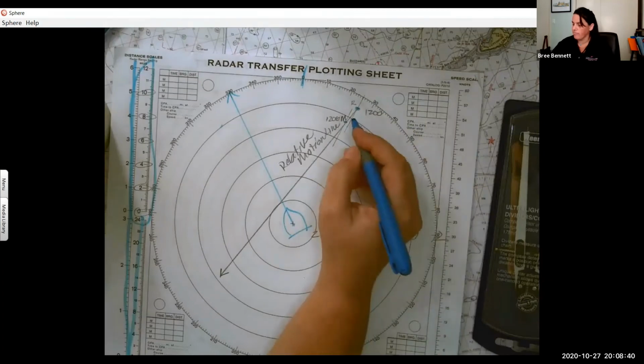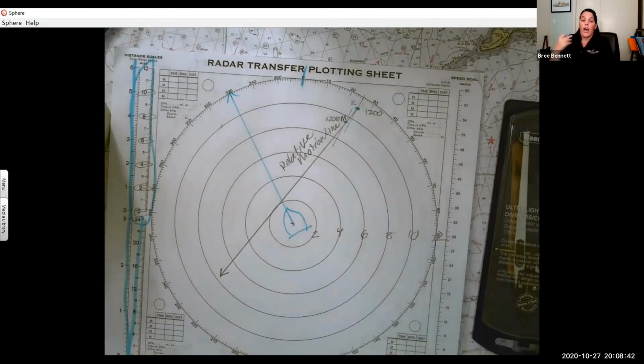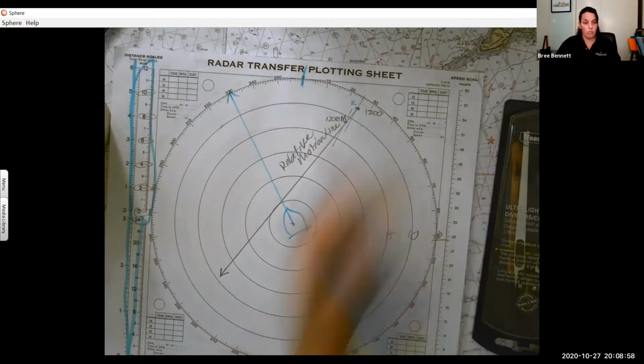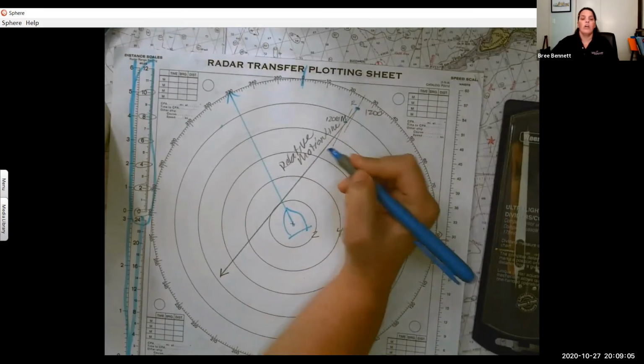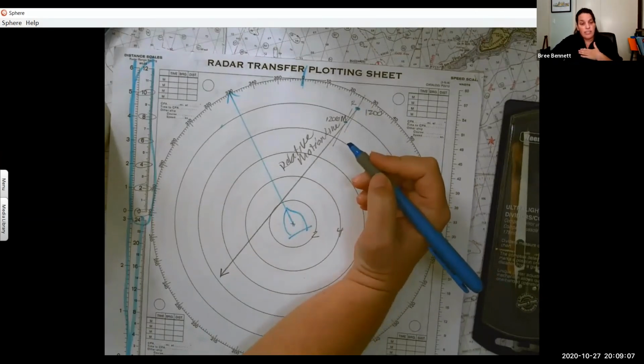Anyways, the other piece of information we have that we haven't really plotted is our own information. What is my course and speed? So we're saying if this vessel is staying on its course and speed and I'm staying on my course and speed, this is what the relative motion is going to be. But I want to plot, forming a triangle here, what my course and speed is to help me figure out the rest, essentially.